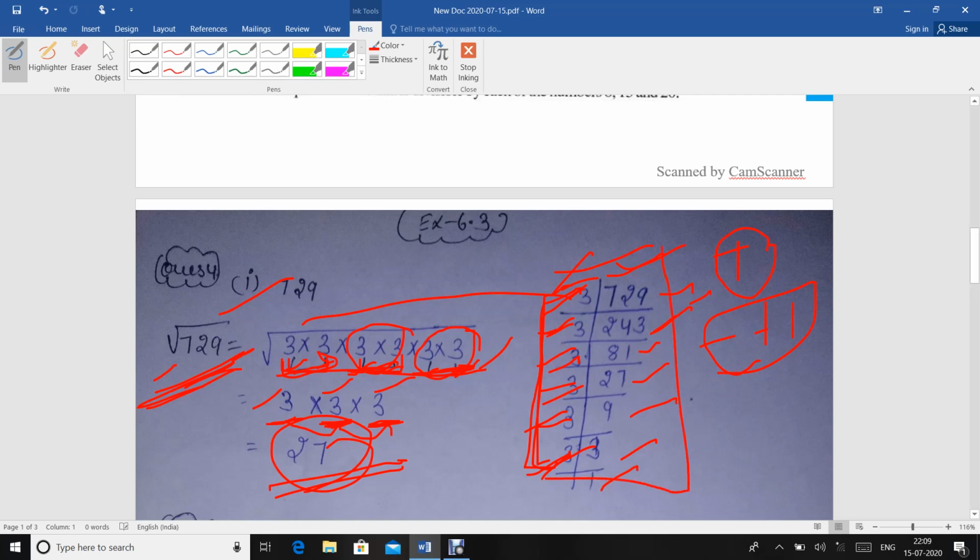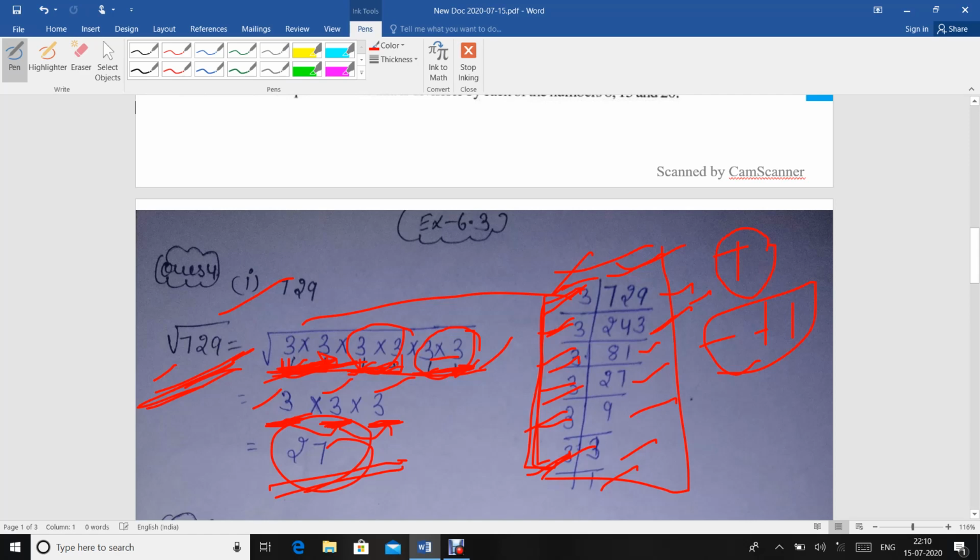Firstly you have to find out the prime factorization. After finding the prime factorization, a number that is a perfect square will have one or more pairs of the same prime factors. Pick up and write one factor from each pair.